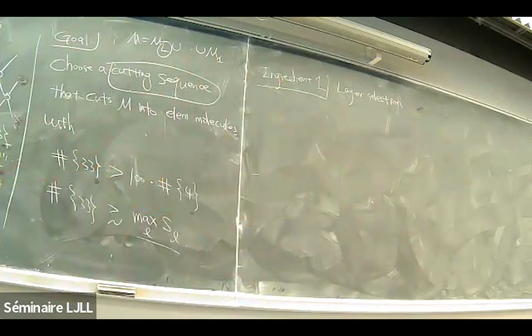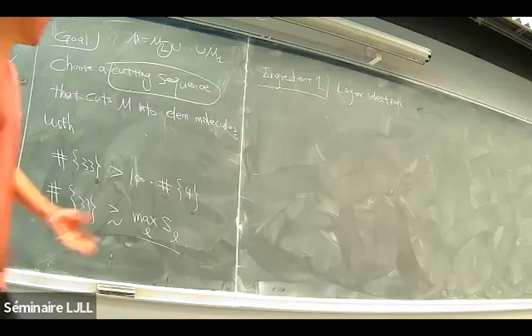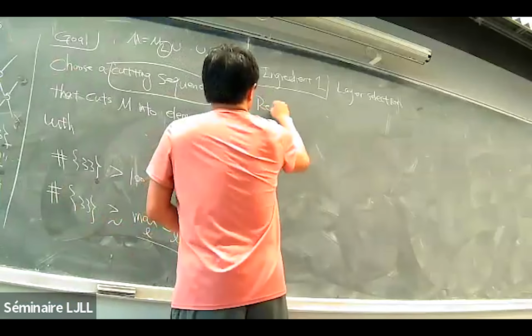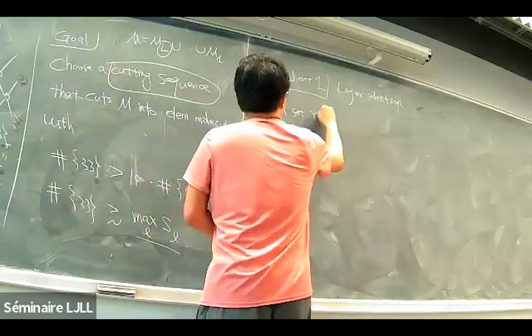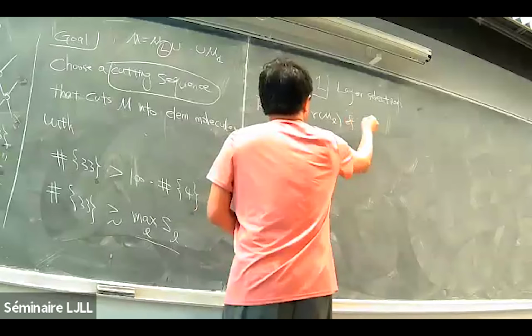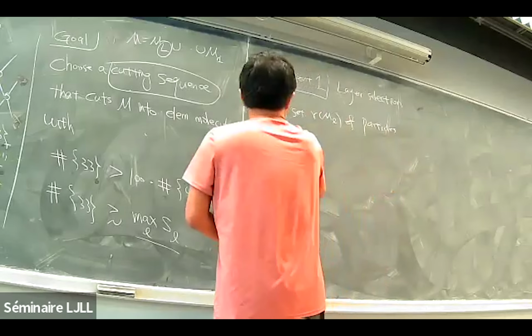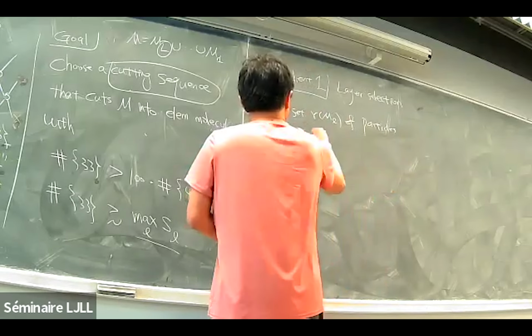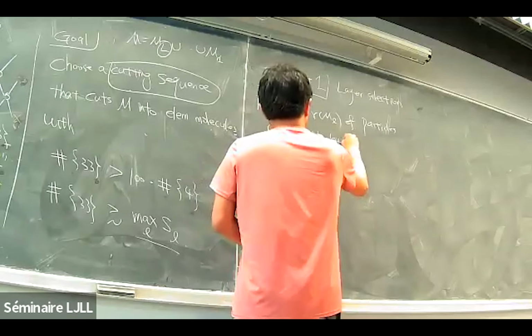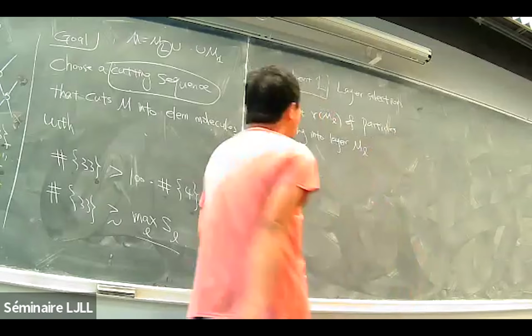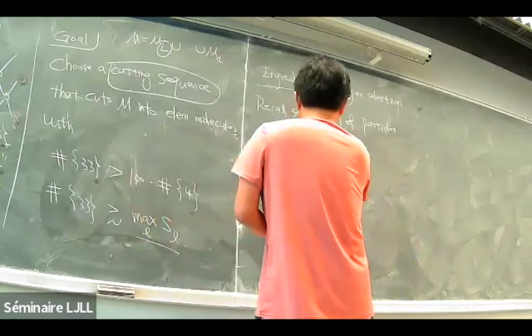To see how this works, again, we need to go back to this set R of ML, these R of ML sets. The set R of ML of particles crossing into layer ML. Again, let's just look at this picture.